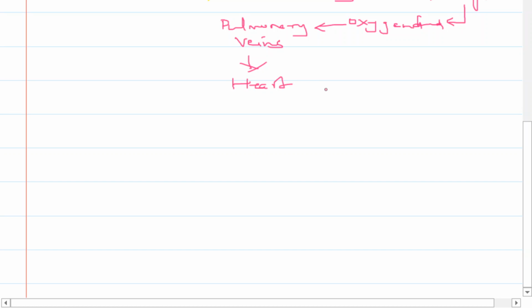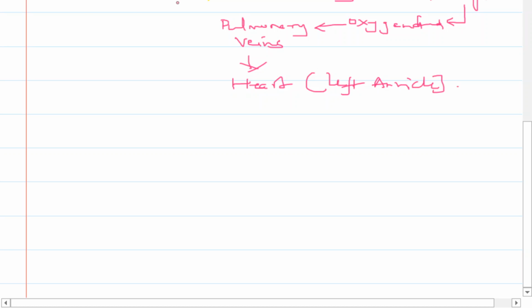That comes into your right side of the heart. So from the lungs, it gets oxygenated and comes back through the pulmonary veins back into the heart, or the left auricle.